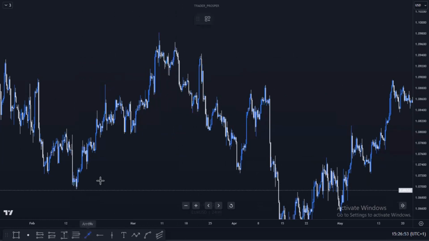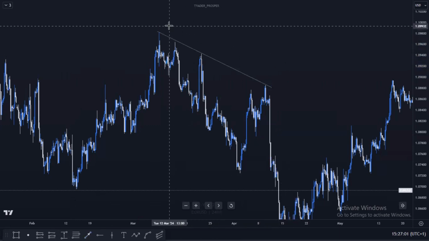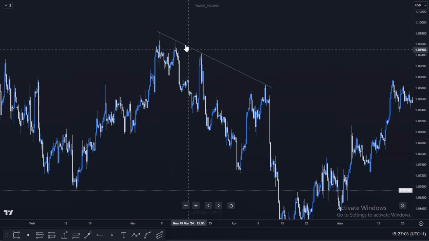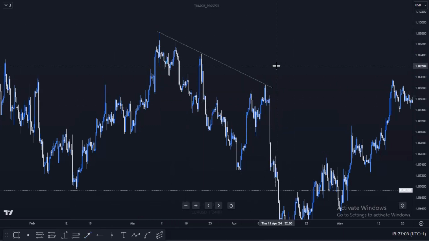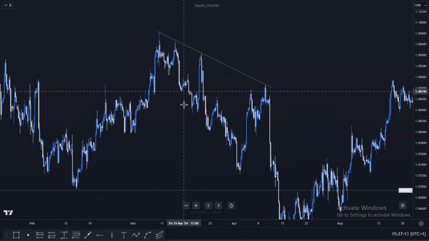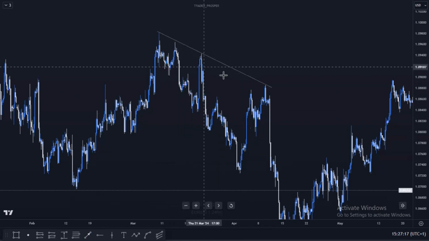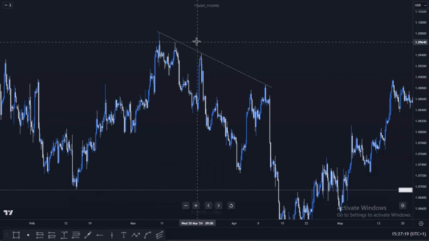Now, for how we can mark out our supply zone, this is a bearish scenario in the market. The supply zone is where we're seeing massive selling pressure.